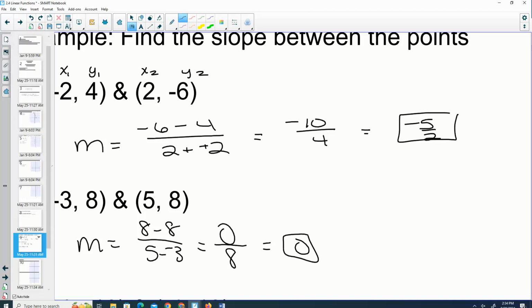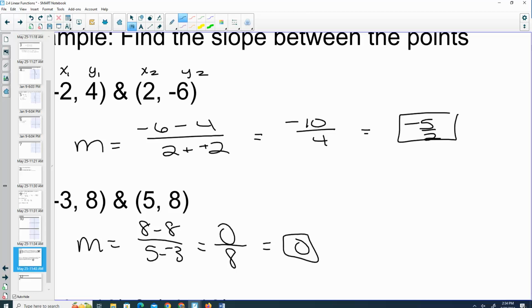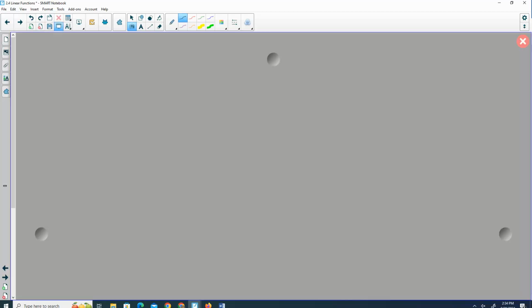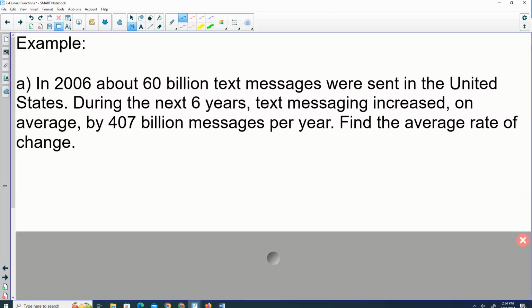Then I also told you that slope is average rate of change. So let's try an average rate of change problem. In 2006, about 60 billion text messages were sent in the United States. During the next 6 years, text messaging increased on average by 407 billion messages per year. Find the average rate of change. So average rate of change means what? Slope.